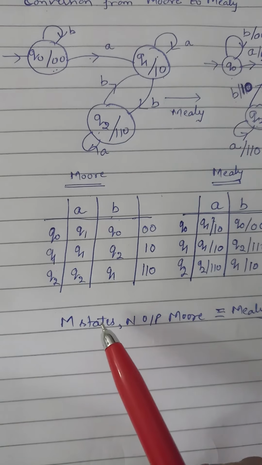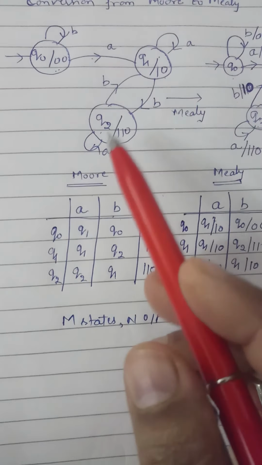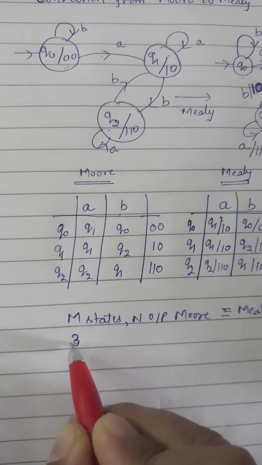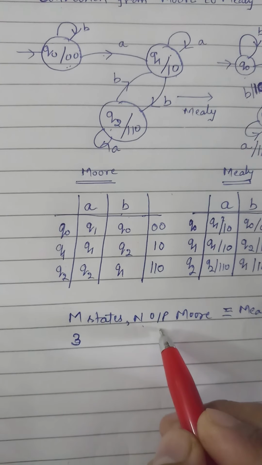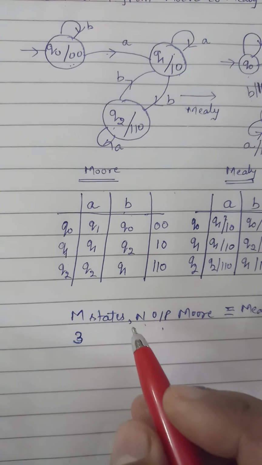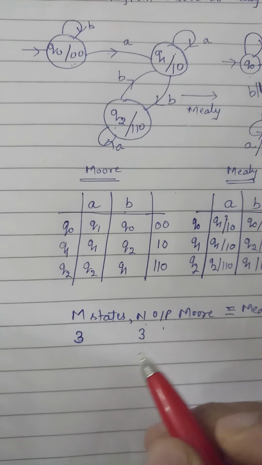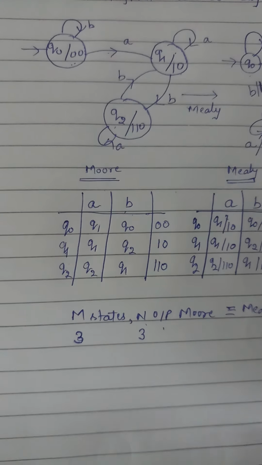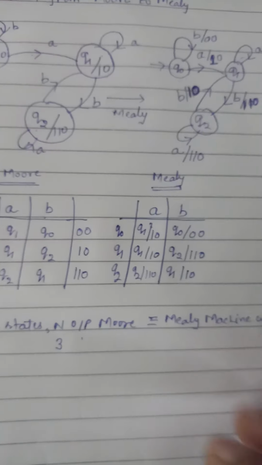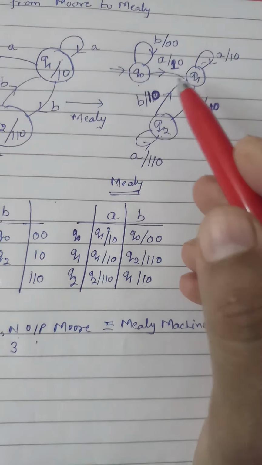So here we can clearly see that we have 3 states in the Moore machine and 3 outputs. And in the Mealy machine, how many states do we have? 3.